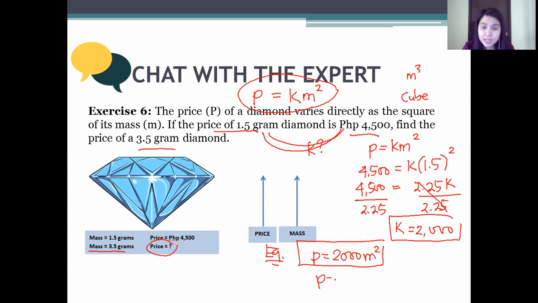So P equals 2,000 times 3.5 squared. 3.5 squared is 12.25. You multiply it by 2,000, the answer is 24,500 pesos. Now, do you have any questions?